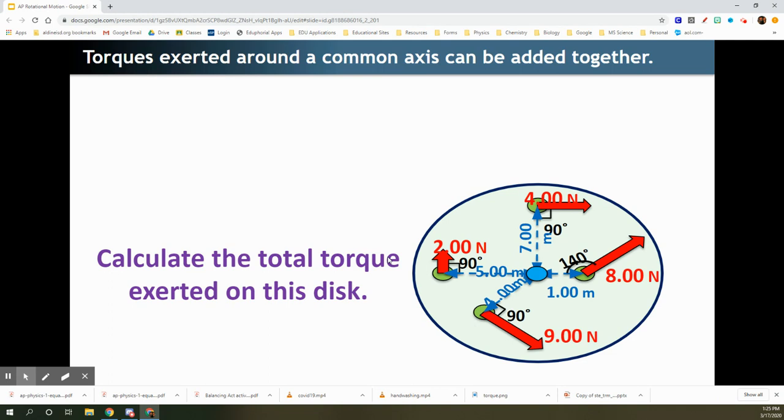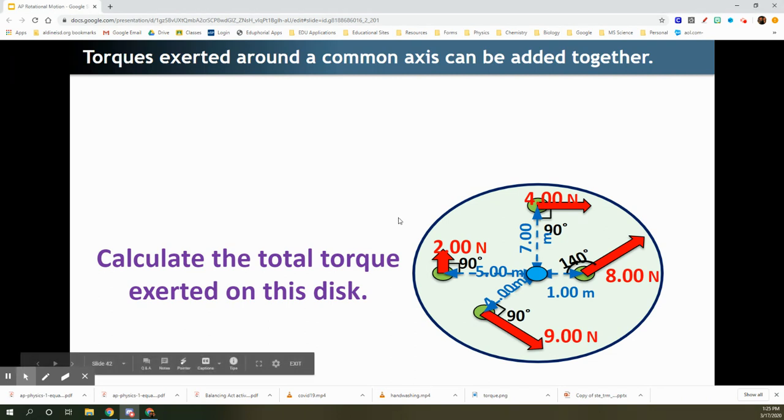So can somebody type in the formula for torque? Thank you. Torque equals force times radius times the sine of the angle that it's applied to.